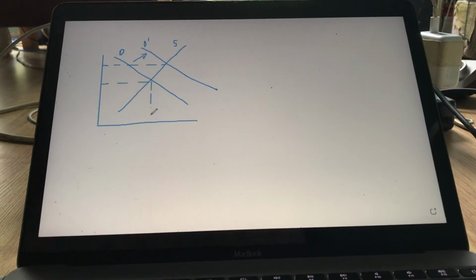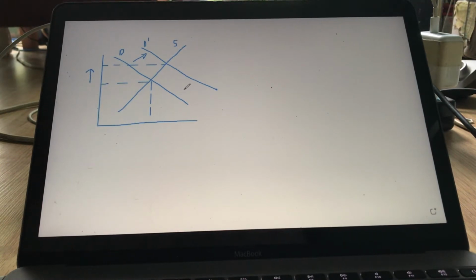Okay. Yes. So please go back and we go step by step. First, there's an increase in the demand for the USD. It shifts the demand curve to the right, and it raises the exchange rate, right? And then what should the central bank do?